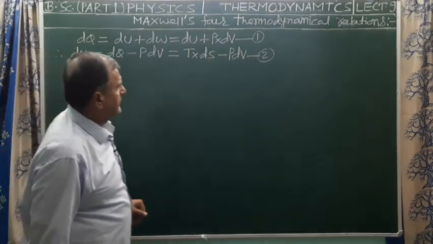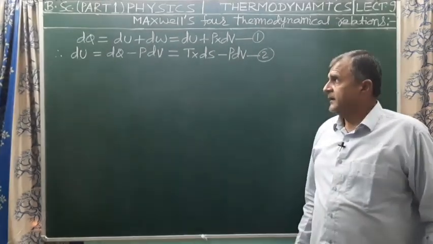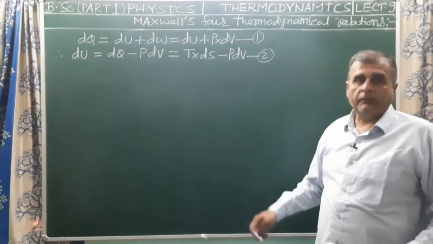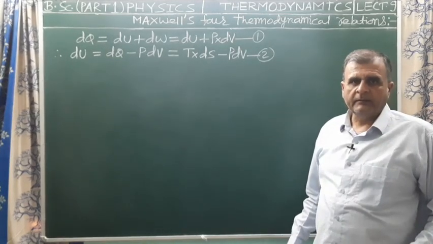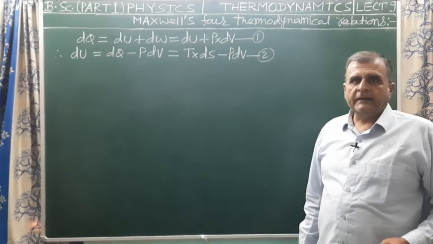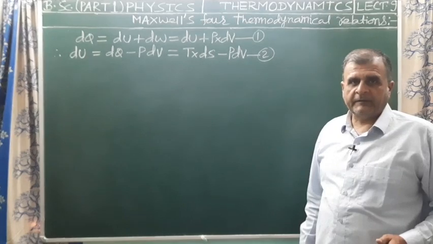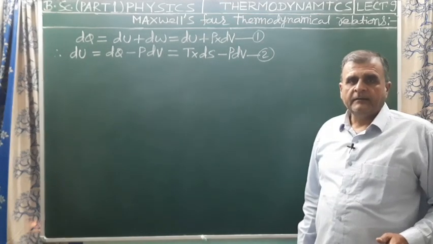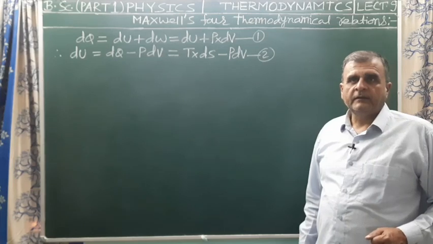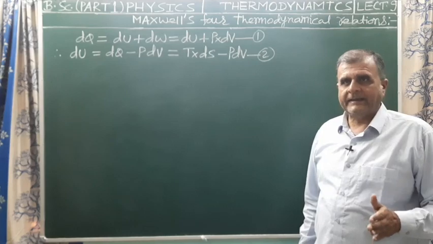Now suppose internal energy, symbol capital U, entropy, symbol S, and volume of the system, capital V, are functions of two variables, say a small x and a small y.